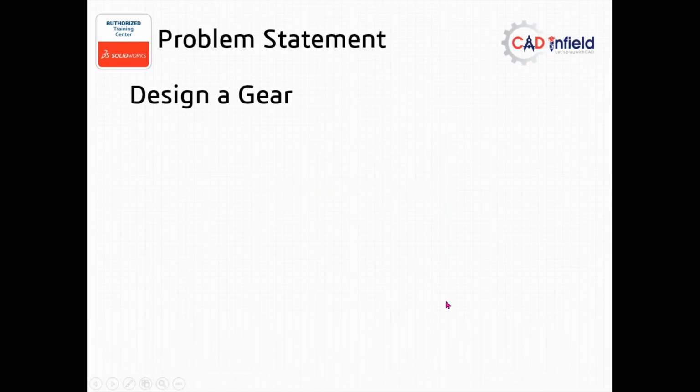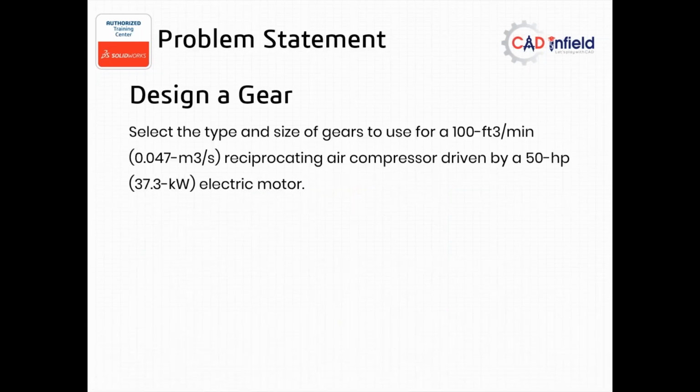Let's see, for a design of gear, now we have one problem with us. Select the type of gear to use for a volume of around 0.047 meter cube per second.